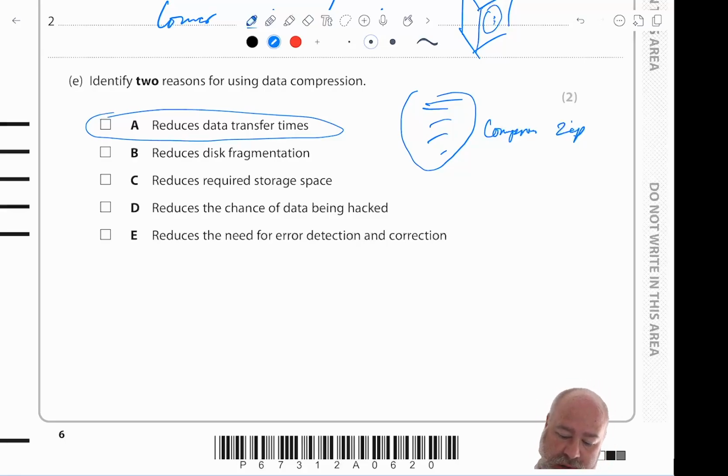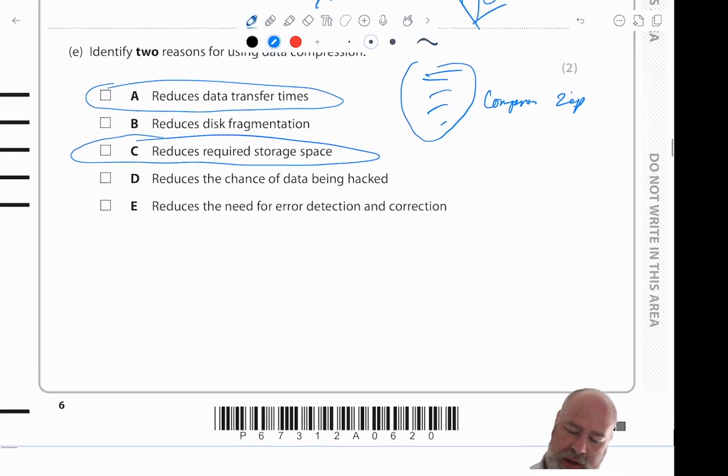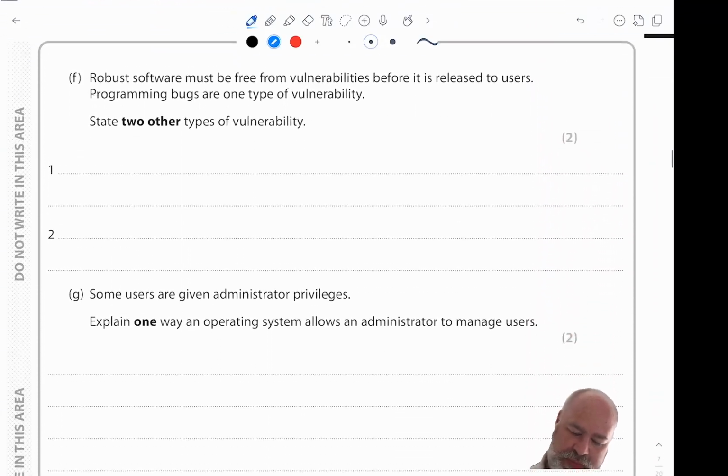So it's going to reduce the required storage, and it's going to take less time to transfer. It definitely doesn't reduce the chance of being hacked, and error detection and correction are out. So the A and C are the only common sense answers there.